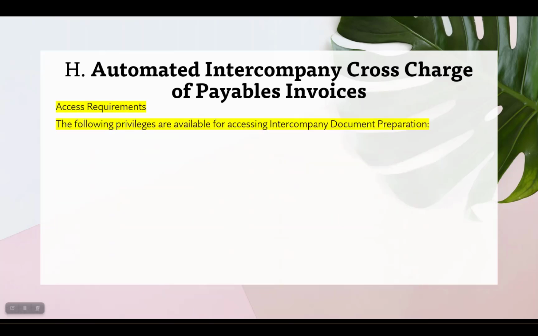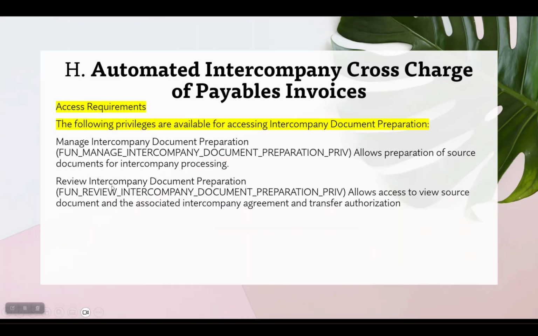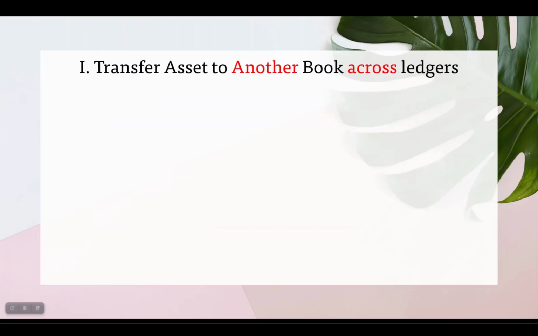Access requirement: the following privileges must be available: manage intercompany document preparations and review intercompany document preparations. This allows preparation of source documents for intercompany processing, and this allows access to view the source document, associated intercompany agreement, and transfer authorization.